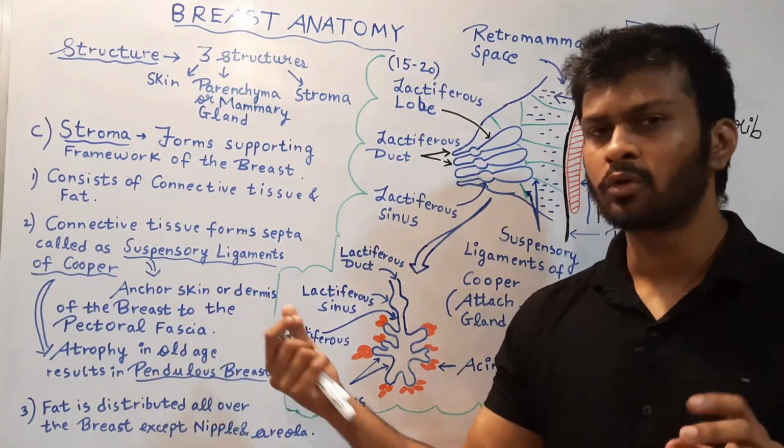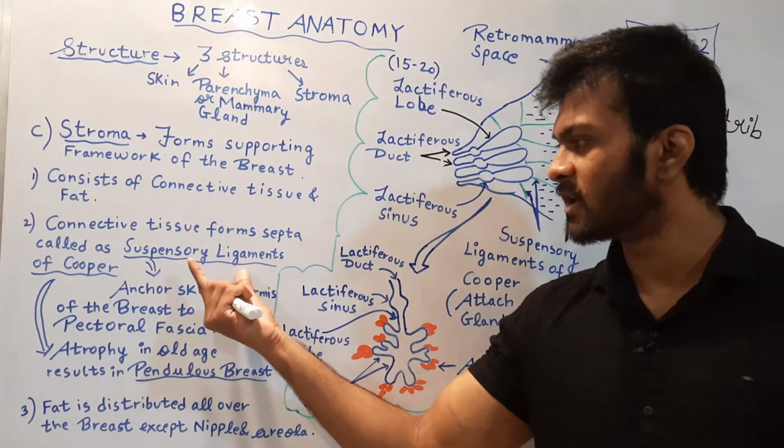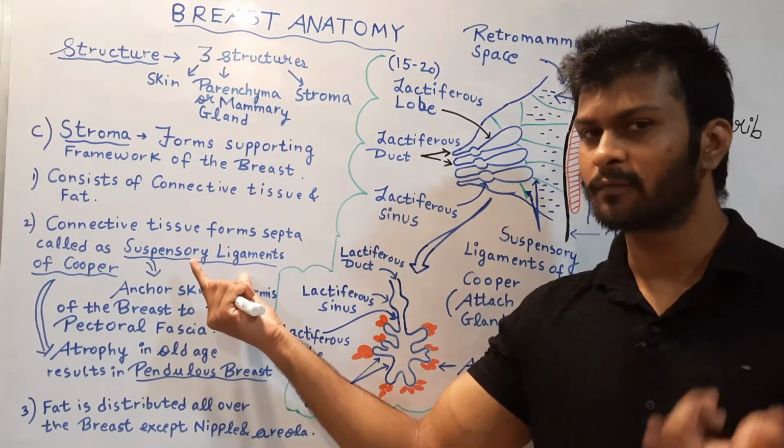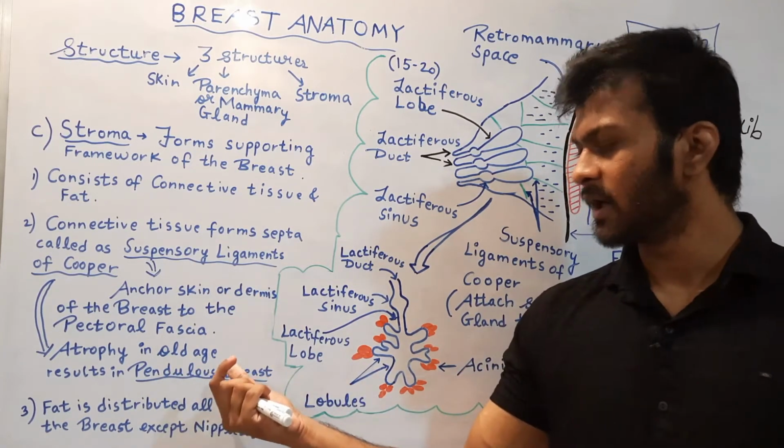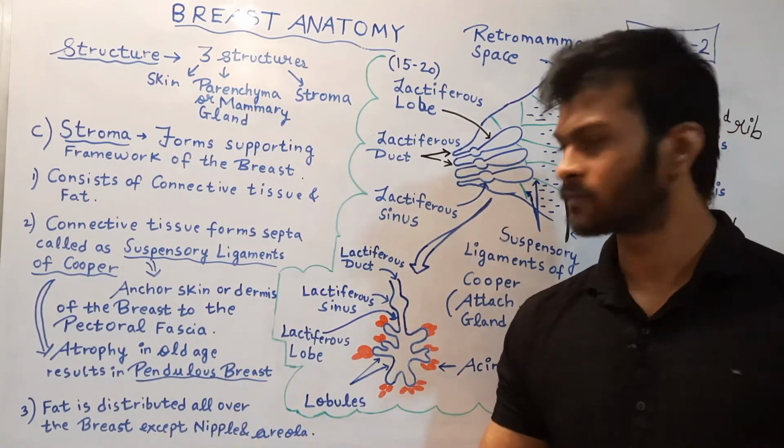And due to the atrophy of this suspensory ligament of Cooper in old age, it will result in pendulous breast.